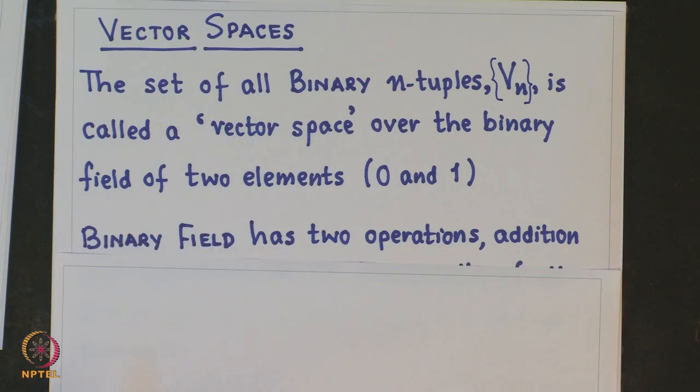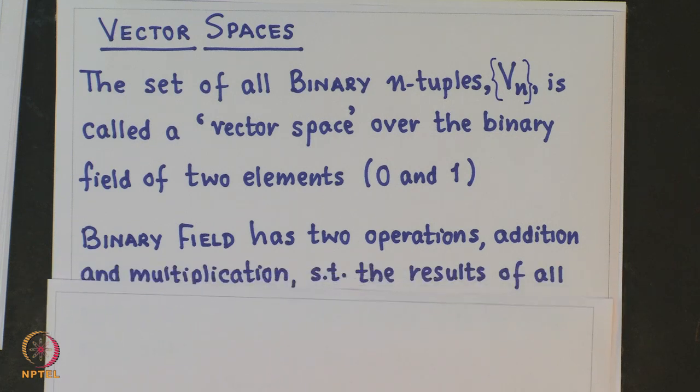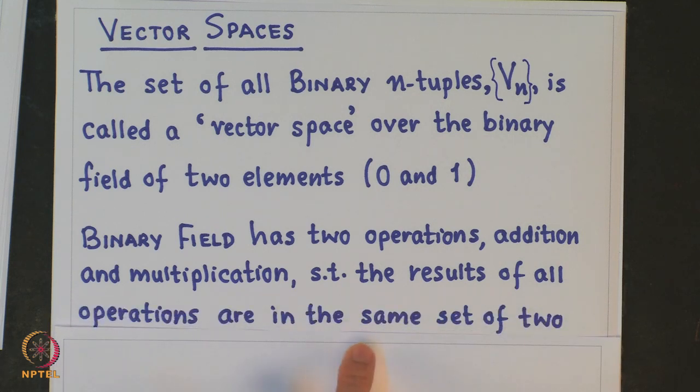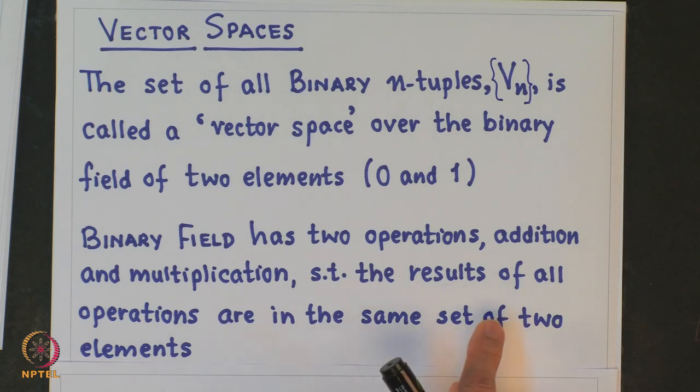The binary field has 2 operations, addition and multiplication, such that the results of all operations are in the same set of 2 elements, that is 0 and 1.